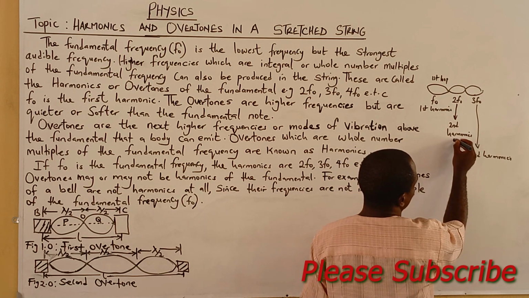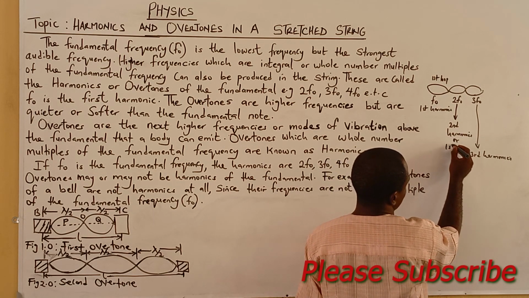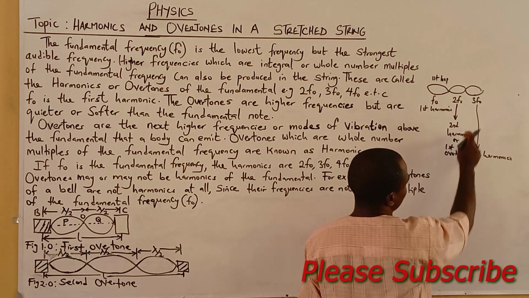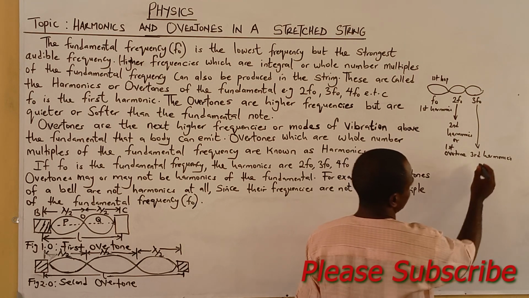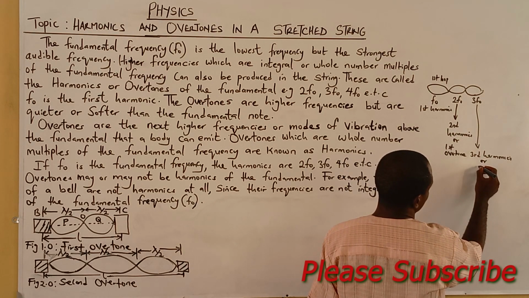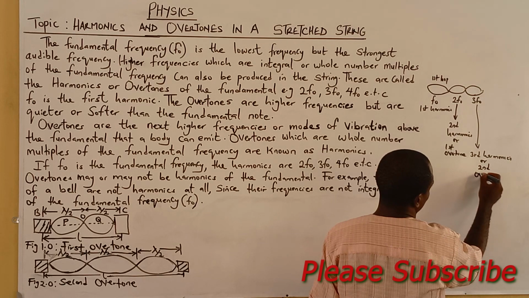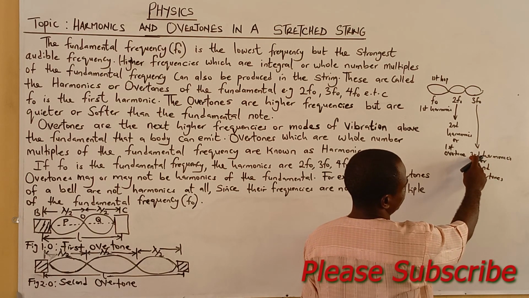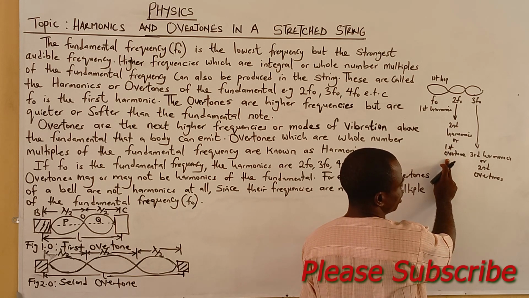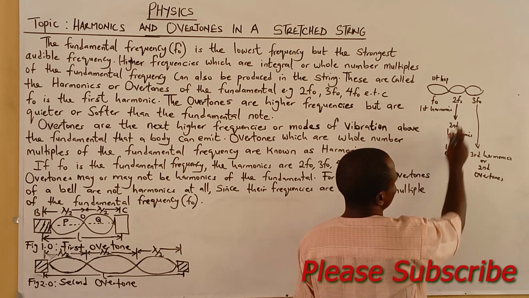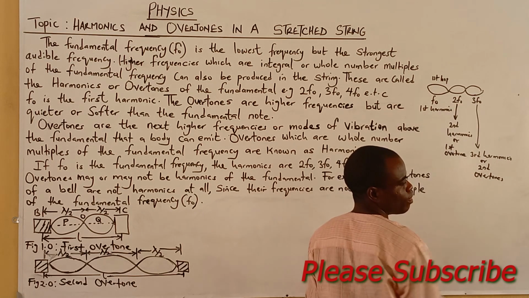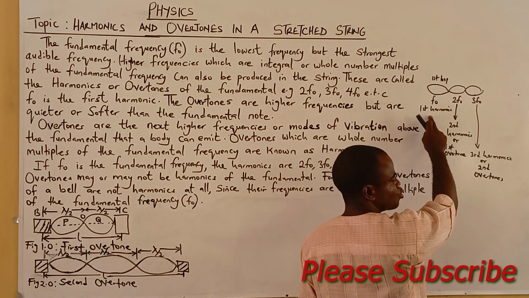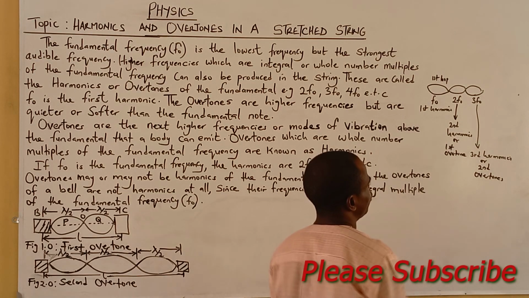Second harmonics or first overtone. The first overtone starts from the second harmonics. The third harmonics or second overtone. You'll be reducing it by 1. Second to first overtone. These are quieter or softer frequencies, but the fundamental frequency gives us the strongest audible frequency.